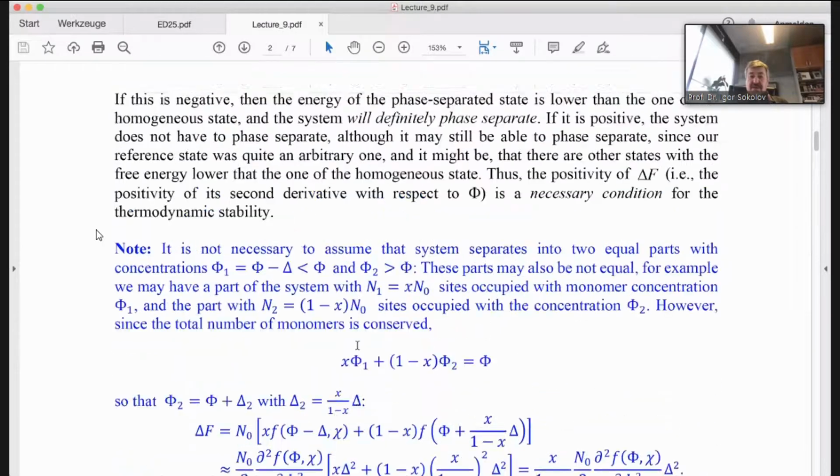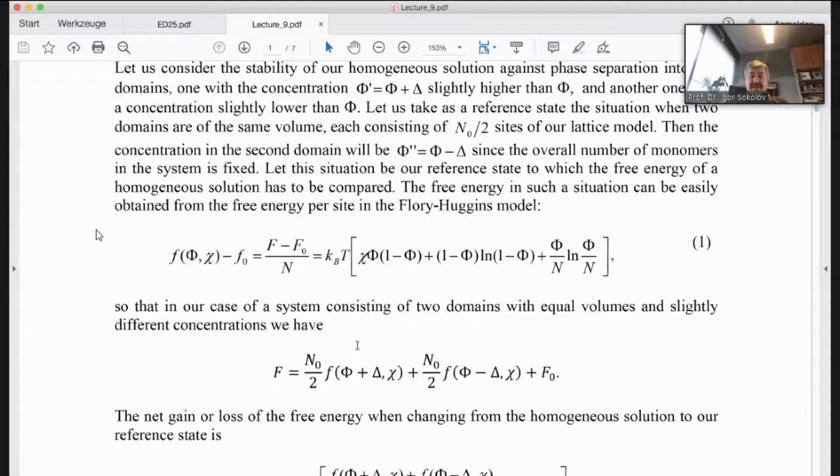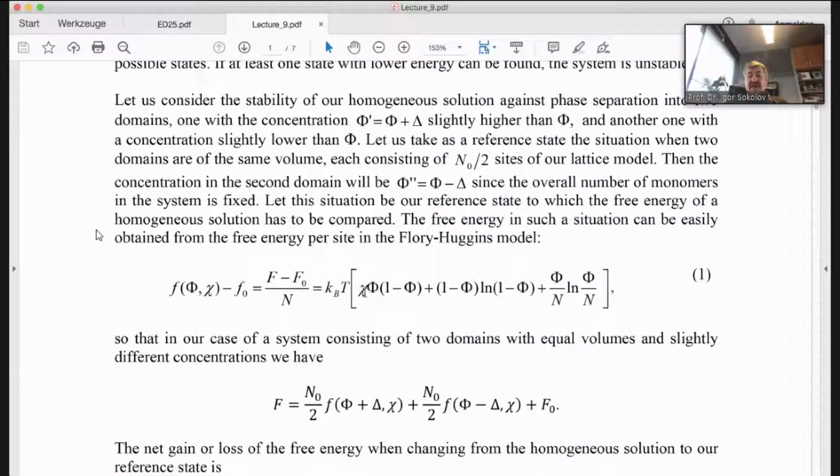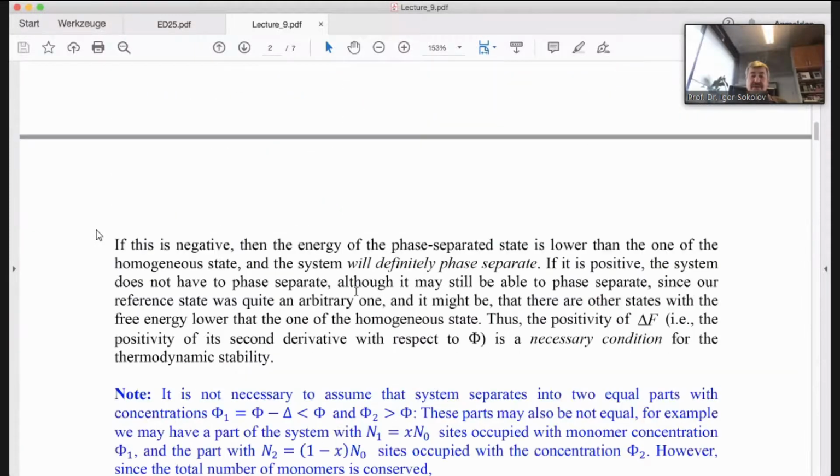If I take the second derivative, I will get chi, and this gives me 2 other terms, and then I see that this chi at spinodal is a function of phi. The second derivative of this is exactly minus 2 chi, as you can see. And this is the structure.